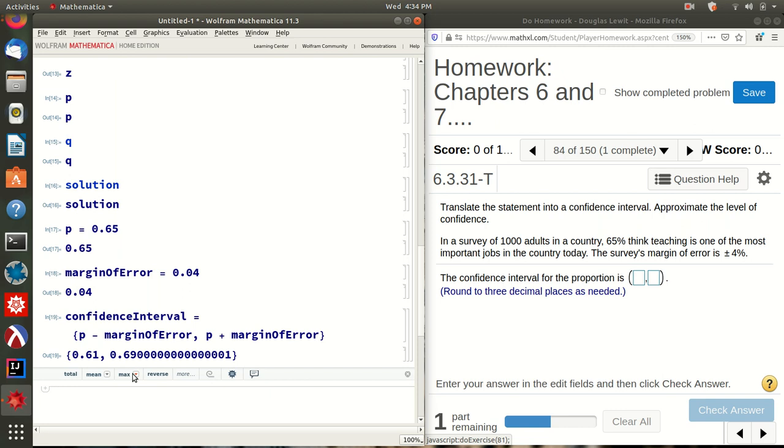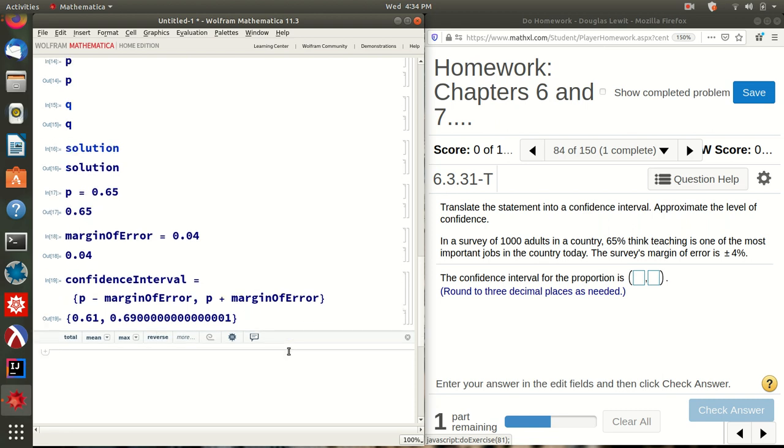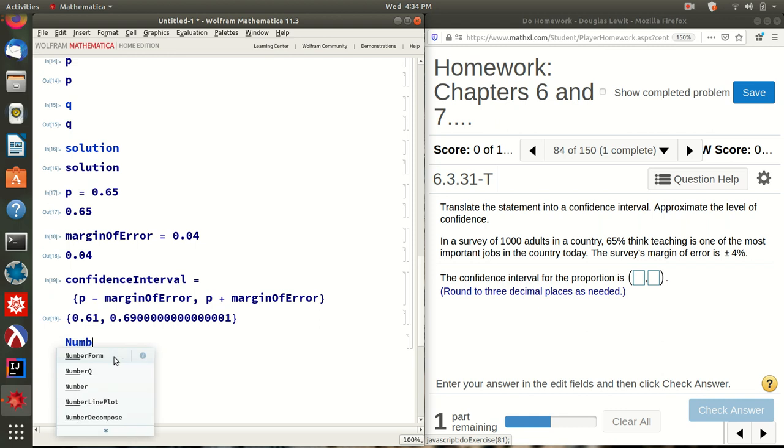Okay. Yeah, so Mathematica sometimes shows a lot of extra zeros. That's not really a Mathematica problem. That's actually a machine arithmetic problem. All right, so we can change that.